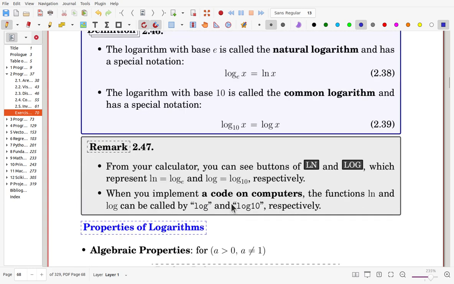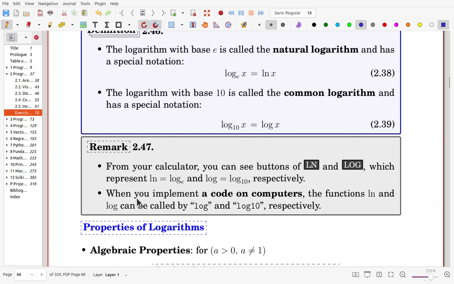When you are using a calculator, it follows exactly this notation: ln means natural logarithm, log means logarithm base 10. Once you are using a calculator, it follows the same way.